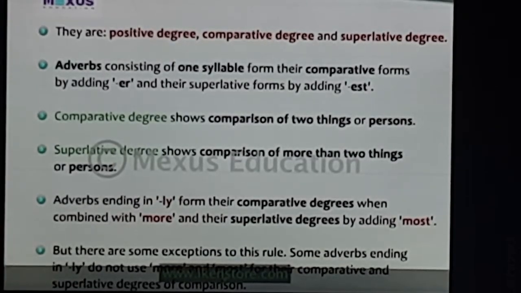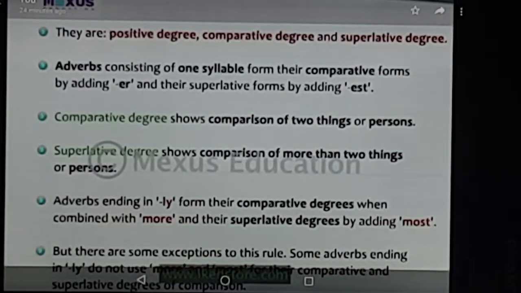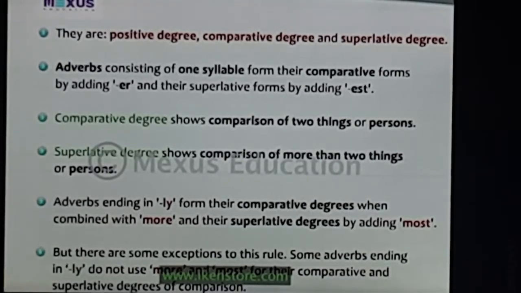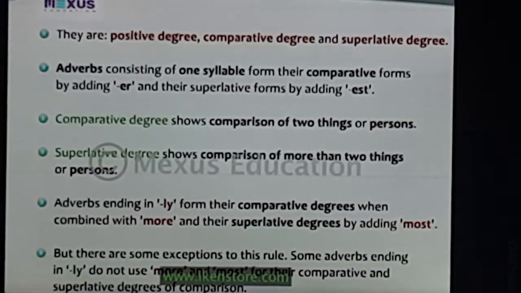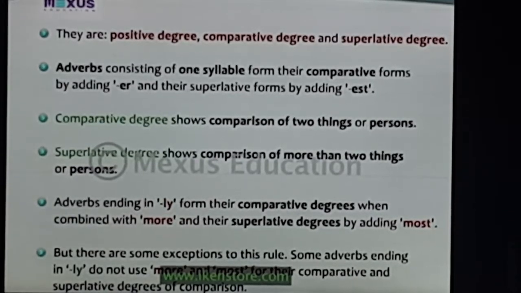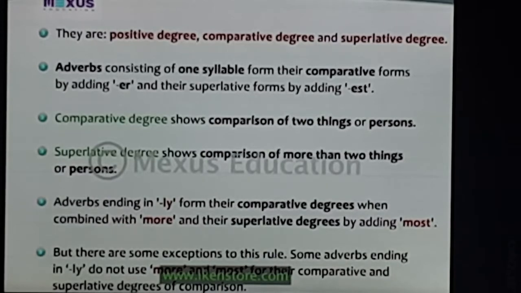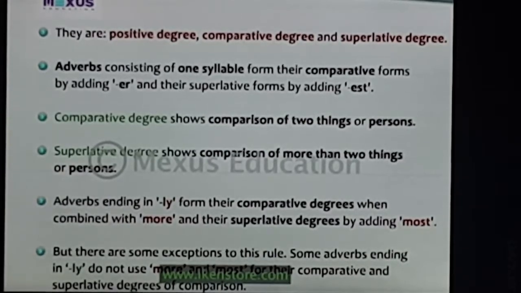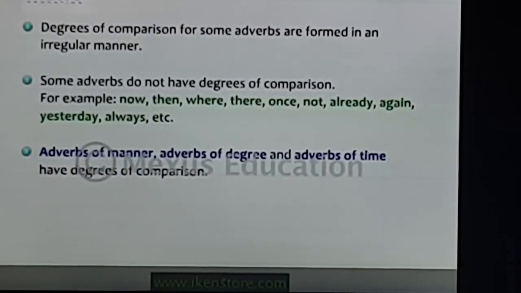Adverbs ending in ly form their comparative degrees when combined with more, and their superlative degrees by adding most. But there are some exceptions to this rule. Some adverbs ending in ly do not use more or most for their comparative and superlative degrees of comparison.